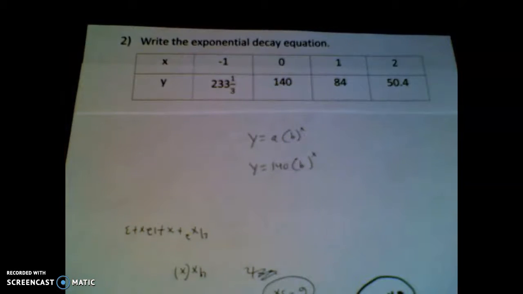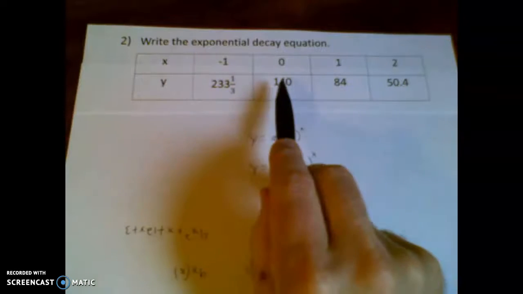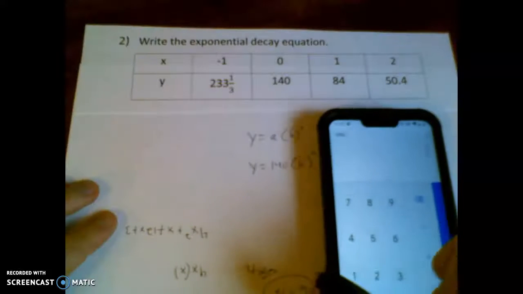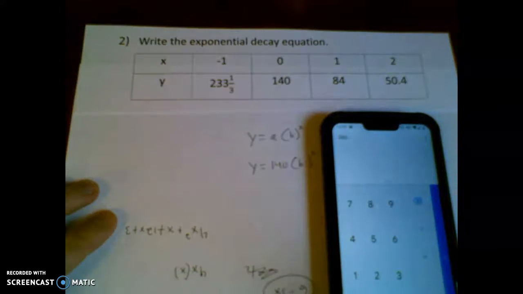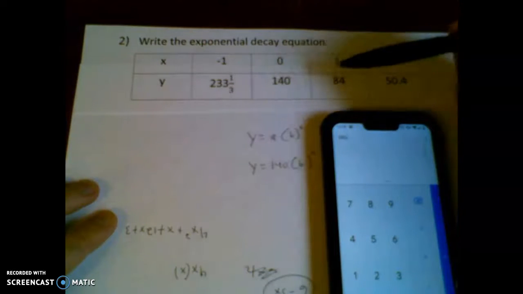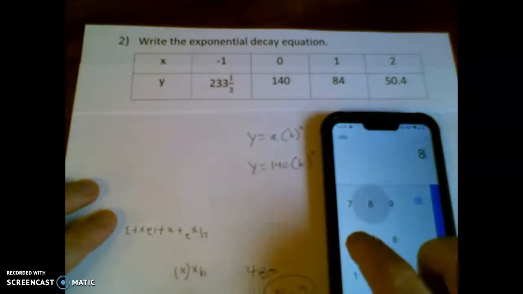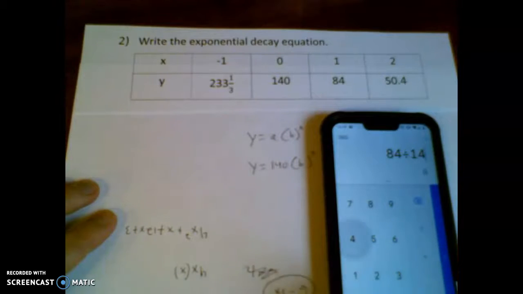So I'm trying to figure out, as I move across, what do I multiply by to get each of the next values? And to do that, since I'm looking for what to multiply by, I'm going to divide to find that. So I take two consecutive values and I'm going to divide them. So I'm going to take 84 divided by 140, and it gives me 0.6.